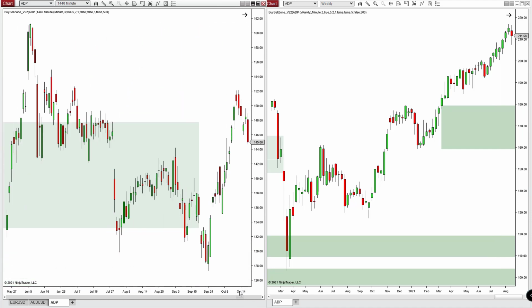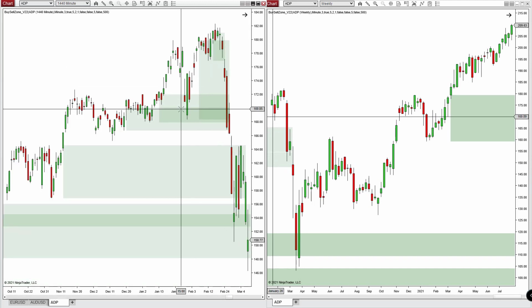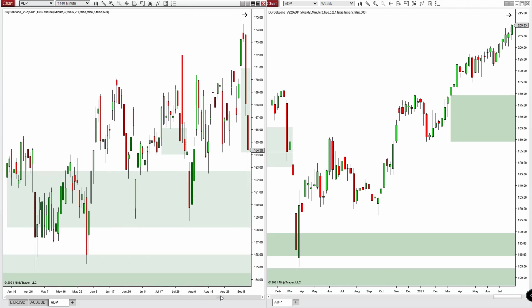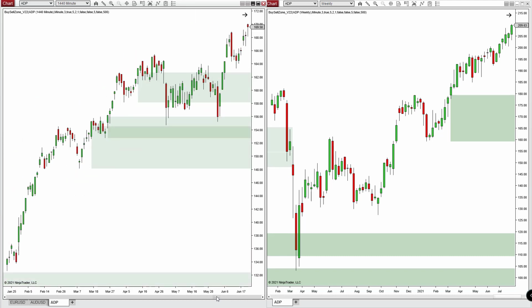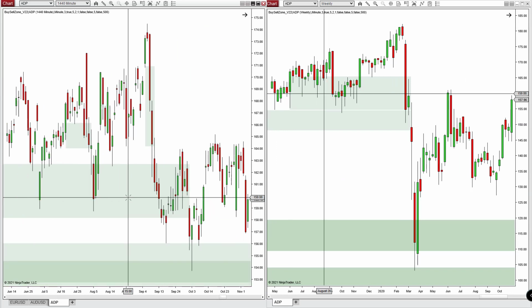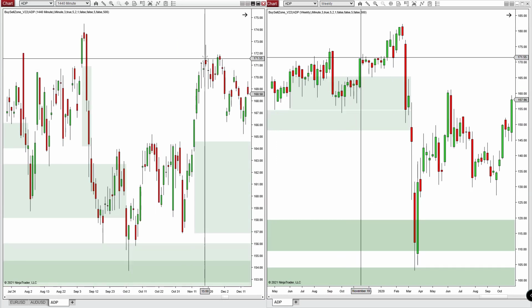Okay, if we do a quick run through, we can go find when this occurs. You can see here, right? Right here, but price does not make it back in till way later. And look at that. Here's where it hits, and boom.